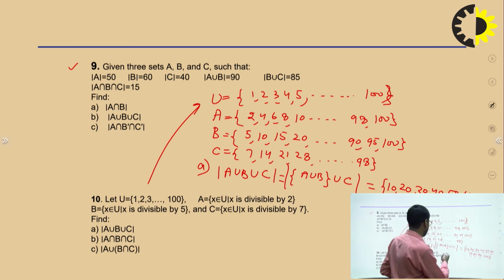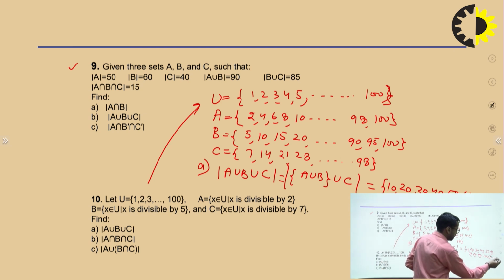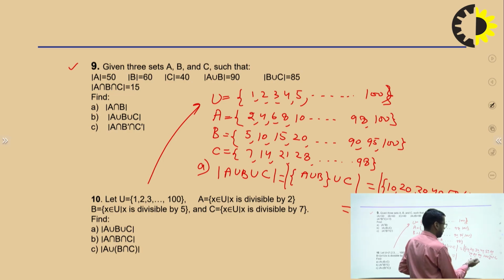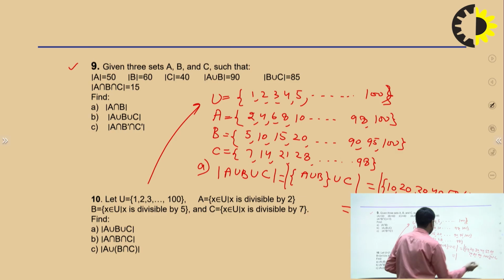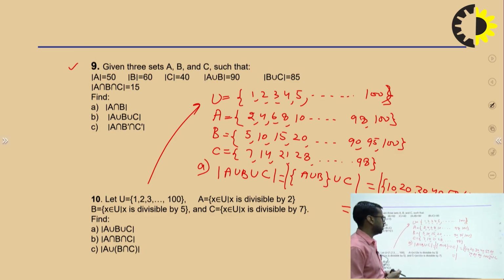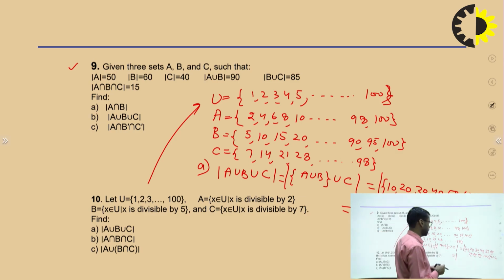Okay, and now we will consider the union of C. When we count this set with the union of C, the resultant value will lie between 70.